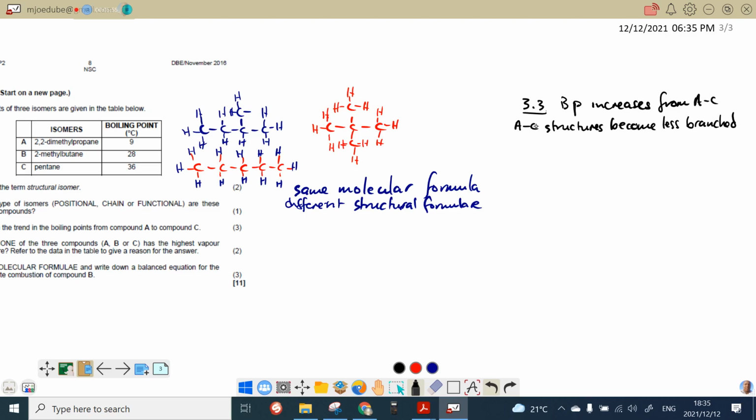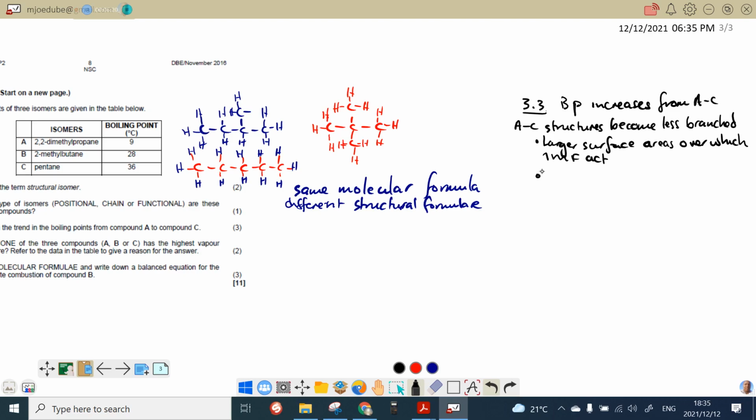They will have larger surface areas over which the intermolecular forces act. So that's the first thing.